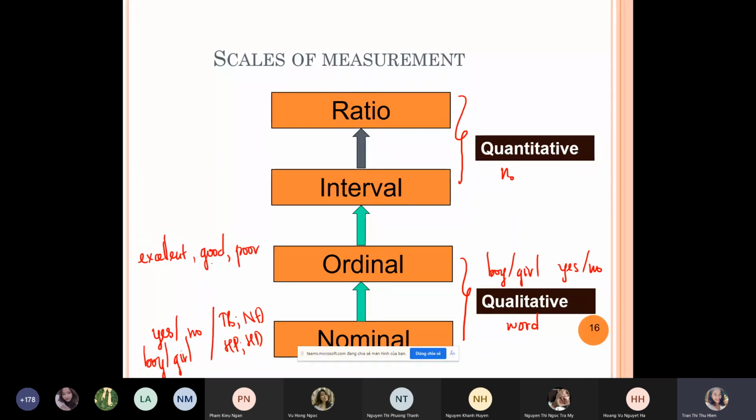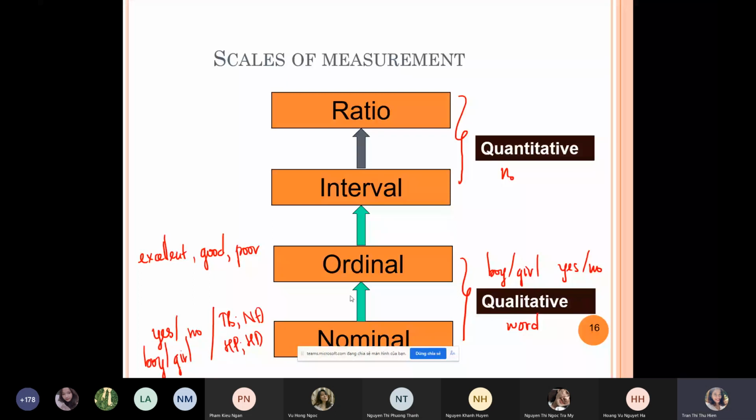Actually, here we can rank and order the variable. So in this case, it is ordinal because the order or the rank is meaningful. But for nominal, you don't know which one is better than which one. You don't know whether Thái Bình, Nam Định, or Hải Phòng is better. So it is nominal.